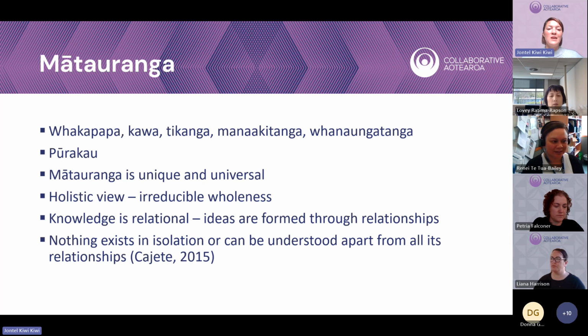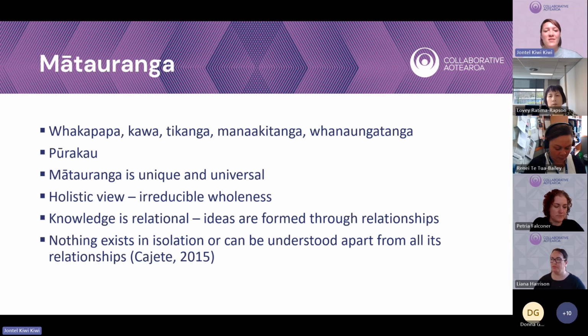Mātauranga is unique and it's universal. I shared some of this with some of our tuora whānau, and one of them said, actually, I had on my slides, mātauranga is unique and not universal. I was thinking of it in a different way, and then she challenged and said, well, actually, mātauranga is very universal.